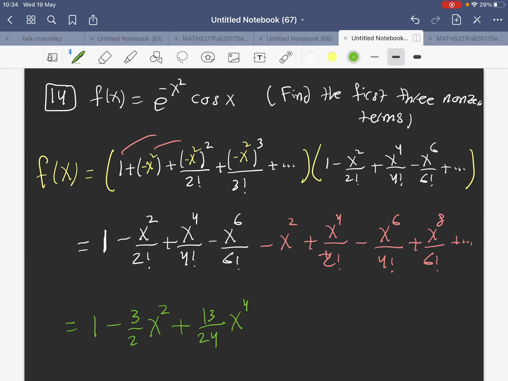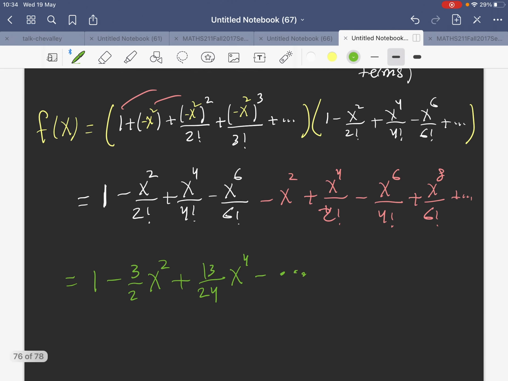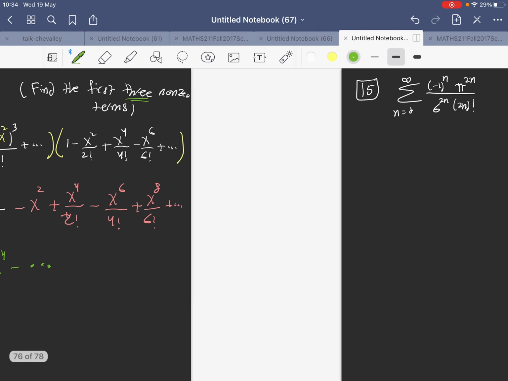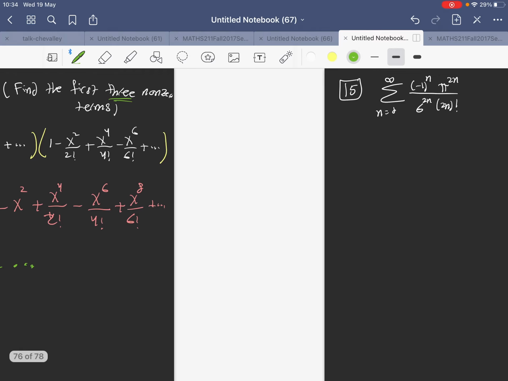And those are the first three terms. Do I need the next one? Maybe. But he said find the first three terms. So 1, 2, 3. 3 terms. And that's exactly what we have.